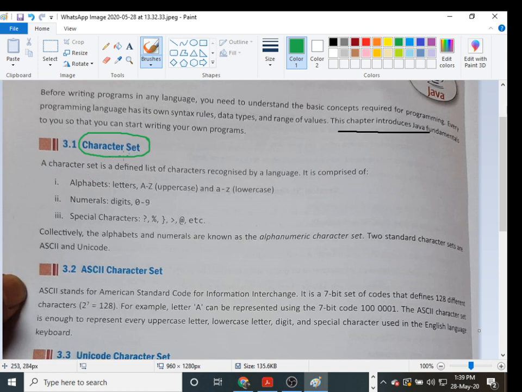This is also a very important definition. A character set is a defined list of characters recognized by a language. Means a language can identify only those characters which are defined in it. If a character is not defined in a language, then it cannot be understood.